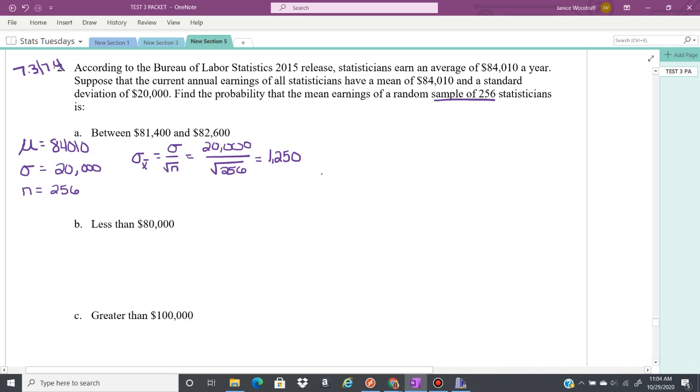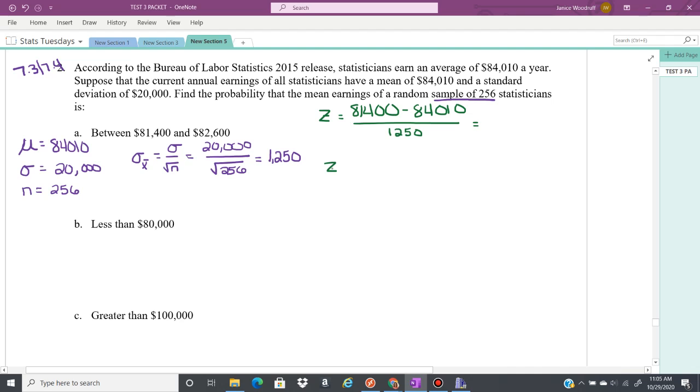Okay, so now to find the probability that the mean earnings are between 81,400 and 82,600, we will convert both of these to z-scores. Our z-score for 81,400 will be 81,400 minus the mean, 84,010, over the standard deviation of our sample, which is this 1,250.